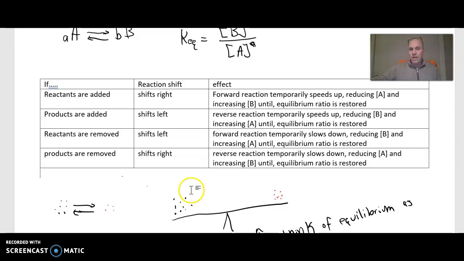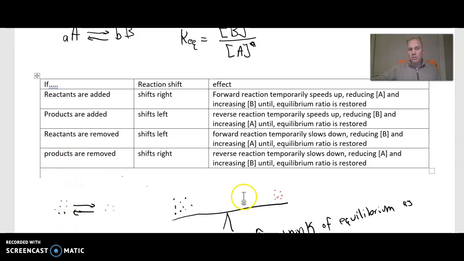That's going to increase the amount of A over here, reducing the amount of this over here. That's considered shifting left. Shifting right is anything that increases the amount of the products. Shifting left is anything that increases the amount of the reactants.